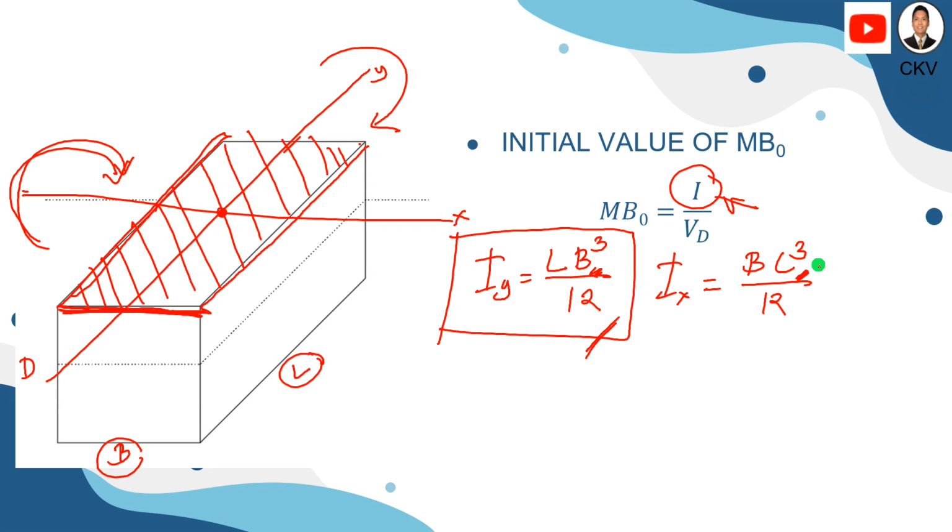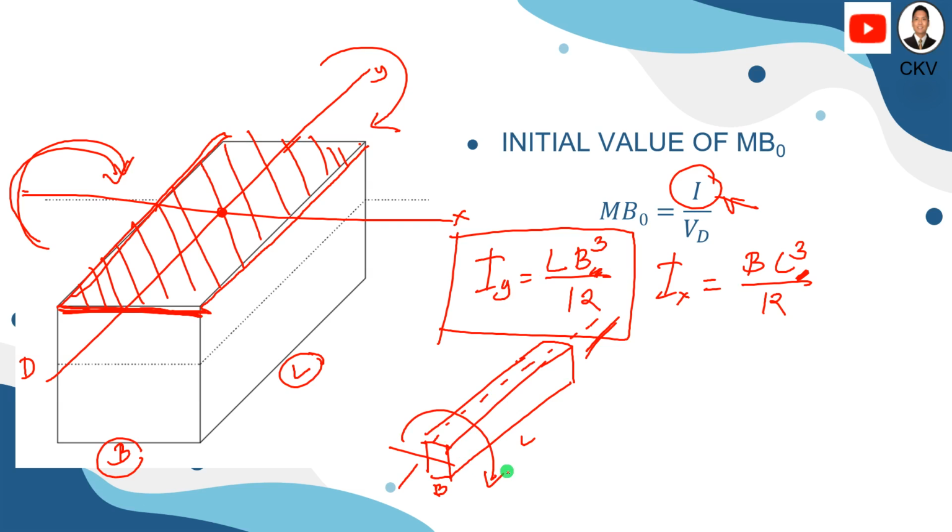So just to exaggerate the figure, okay class, we have a wooden block here with a length and B. So if I consider this axis Iy, there is a tendency that this wooden block will overturn in this direction.